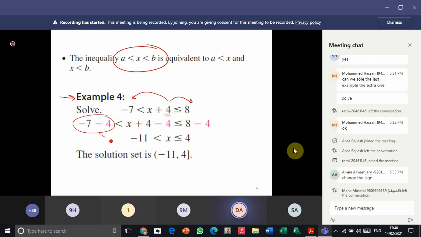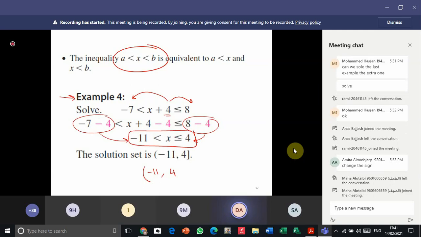We have negative 8, and we have positive 4. So this is the solution of x: x between negative 11 and 4, open at negative 11 because we don't have equality, but closed at 4 because we have equality.